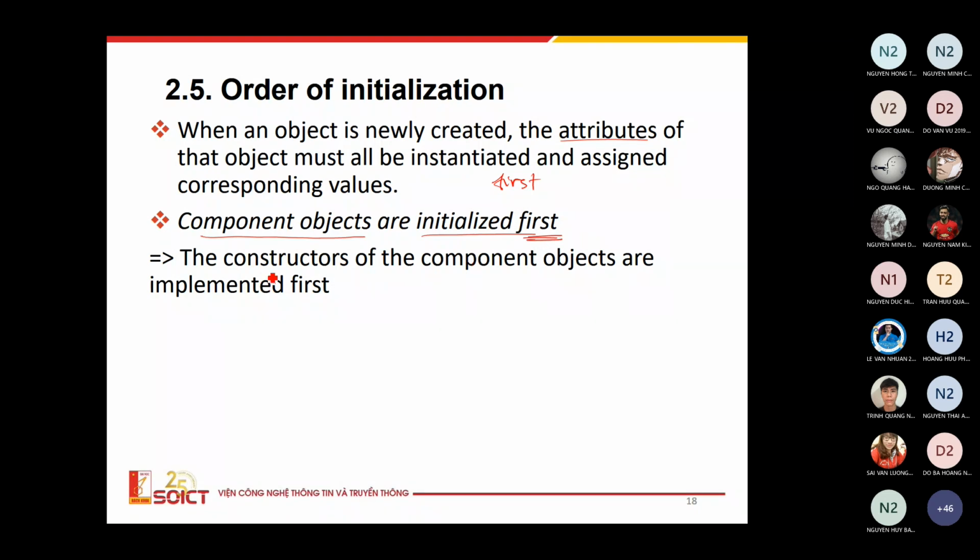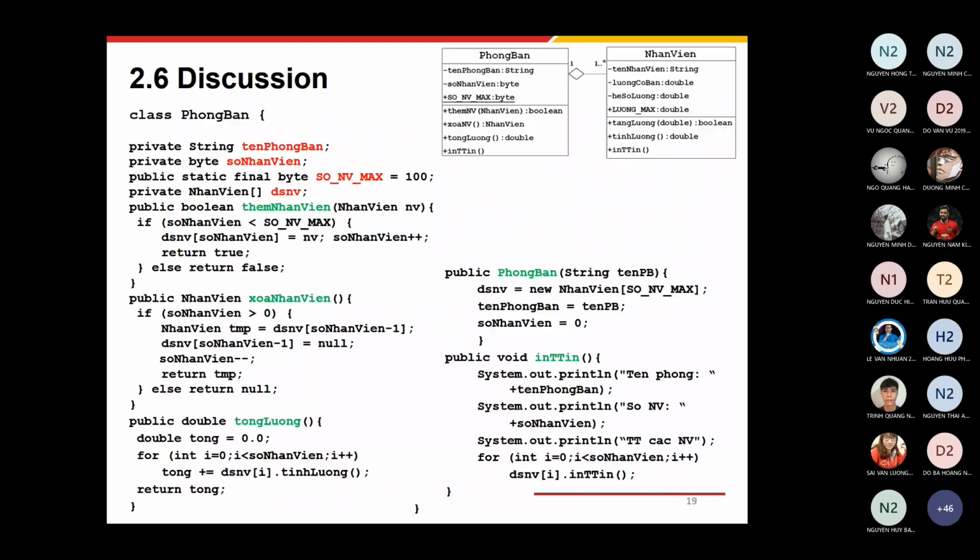The constructor of the component object will be called first. So this is not hard to understand. You have a class which contains another object, so this object has to be initialized first, and then you initialize the object of this class.